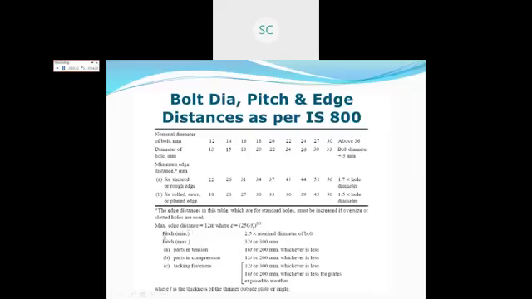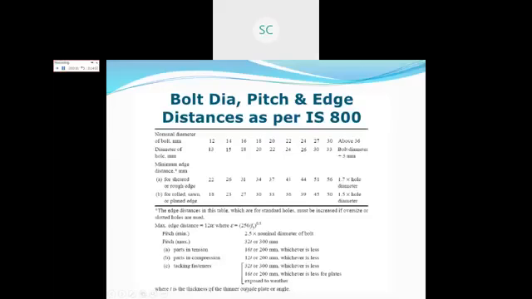Maximum edge distance, pitch minimum and pitch maximum. And if you are using the pitch in a tension member, then you have to use 16 T or 200 mm, whichever is less. And in compression, 12 T or 200 mm, whichever is less. What is T? T is the thickness of the thinner outside plate or angle.